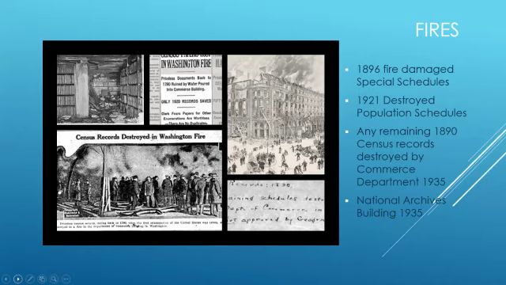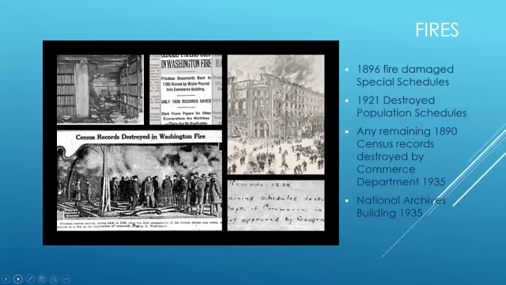In 1896, fire damaged the special schedules, and then they were further damaged by the water used to put the fire out. And in 1921, the population schedules were destroyed by fire and then further damaged by the water used to put them out.